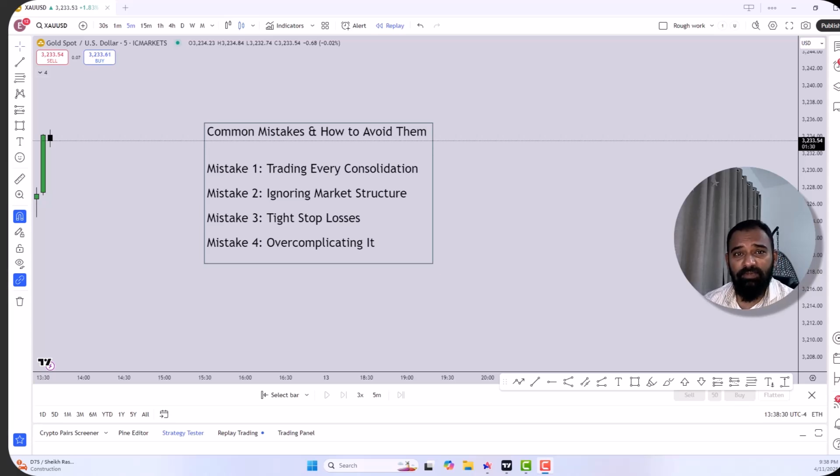Now, before you start trading order blocks, be aware of these common mistakes. Mistake number 1, trading every consolidation. When a trader learns the order block trading strategy, it fascinates him and he starts to trade every order block.